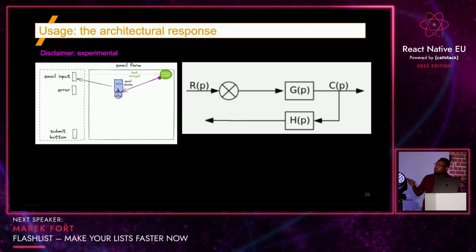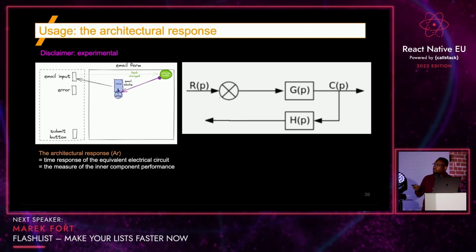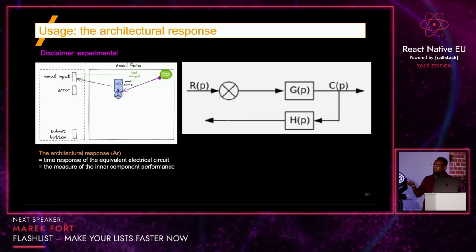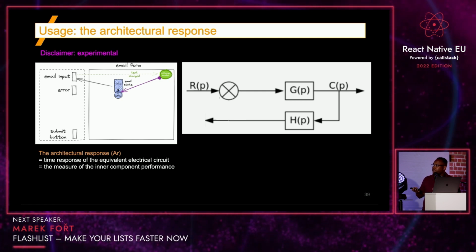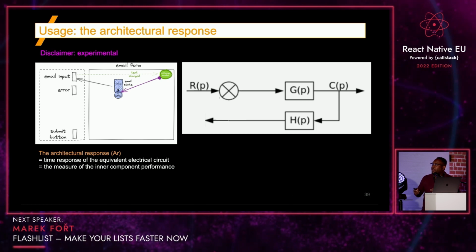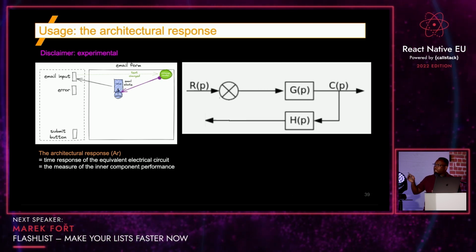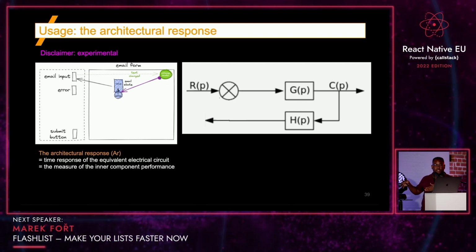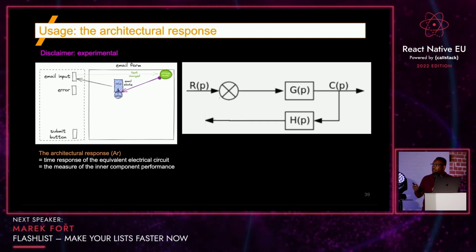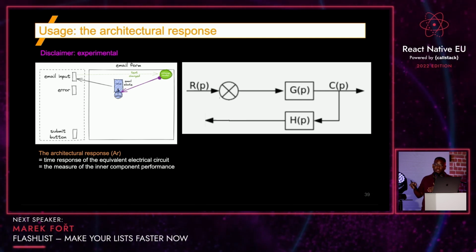So it could help us to define a new unit that we could call the architectural response, which is defined as the time response of the equivalent circuit, and will measure the inner component performance.